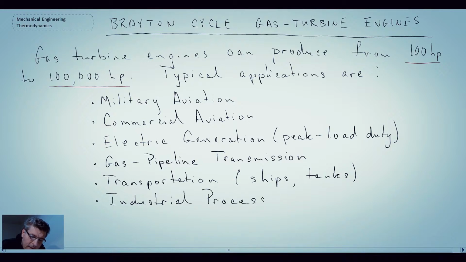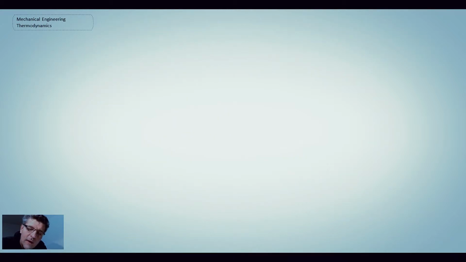This could be processes where you have the requirement for either work or electrical power. So you produce power with the gas turbine engine, and you also produce heat. It could be for process heat, it could be for steam generation, a number of different applications, depending upon whatever type of process the gas turbine engine was serving. So you can see there are many, many different areas where gas turbine engines are used.